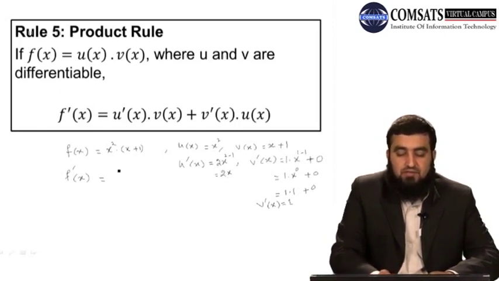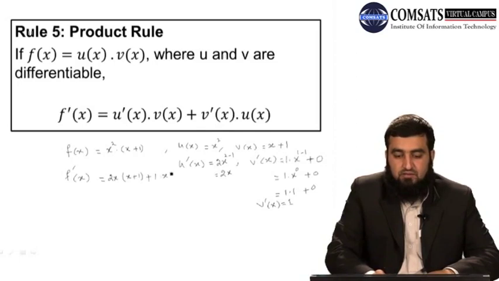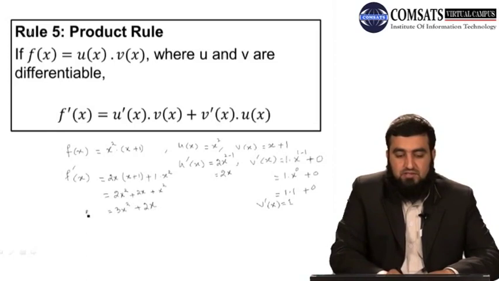So to find f prime of x, you will put the values in this formula. u prime of x is 2x, and v of x is x plus 1, plus v prime of x, which is 1, into u of x, which is x square. So this is equal to, you need to multiply this with x plus 1, so this will be 2x square plus 2x plus x square, so this will be equal to 3x square plus 2x. So this is the f prime of x.